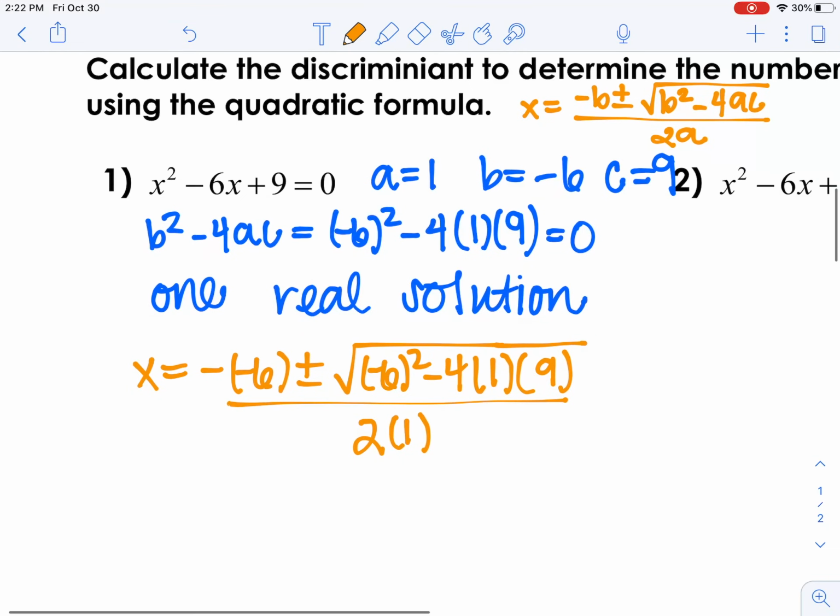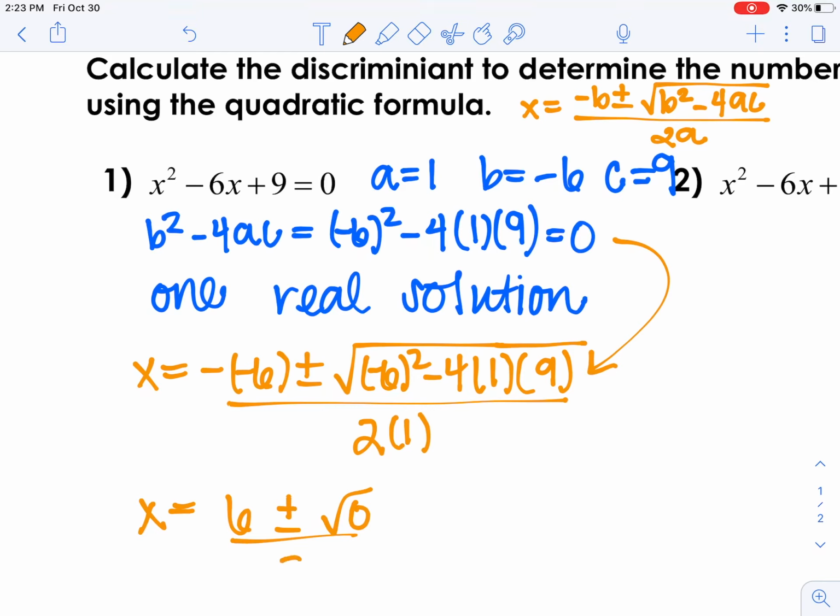Now we already know that negative 6 squared minus 4 times 1 times 9 is 0, because that was our discriminant, right? So now we have positive 6 plus or minus the square root of 0 over 2. Okay, well, 6 plus or minus 0 is still 6. 6 over 2 is 3. So our one intercept, our one real solution, happens at 3.